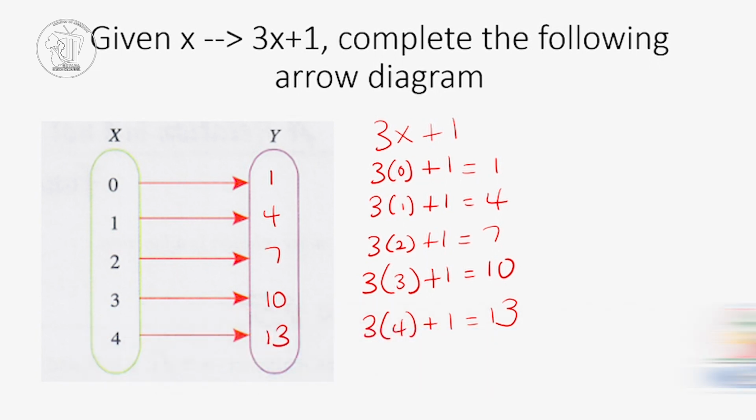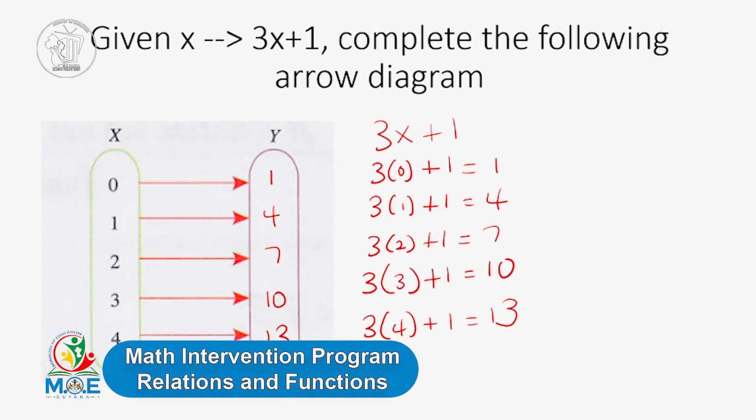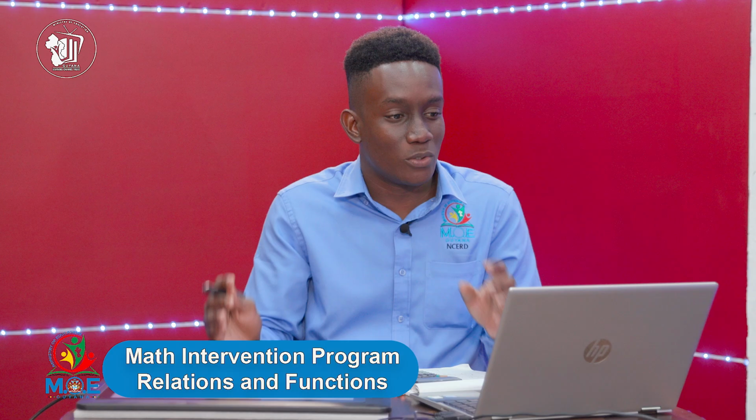And if you're asked to list the ordered pairs, it would be 0 and 1, that would be a pair, 1 and 4, 2 and 7, 3 and 10. And then we'll have the last pair, which will be 4 and 13. All of these things, they follow a rule for them to be paired with each other. So let's look at another question.